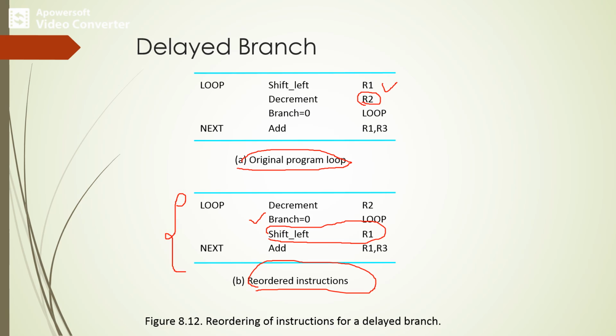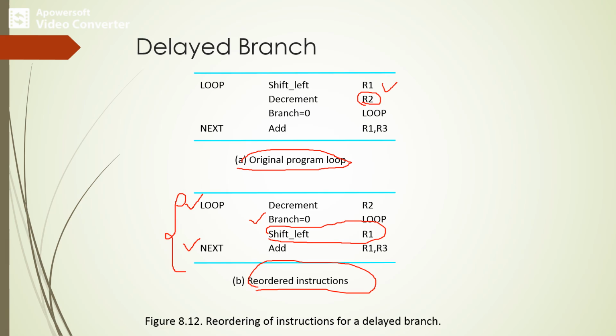After evaluating the branch condition, the processor fetches the instruction either within the loop or at next, depending on whether the branch condition is true or false. So we perform the left shift operation while the branch instruction is taking place.